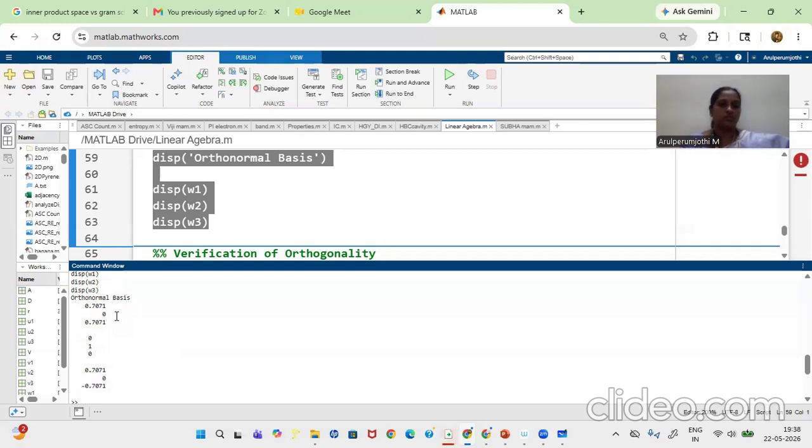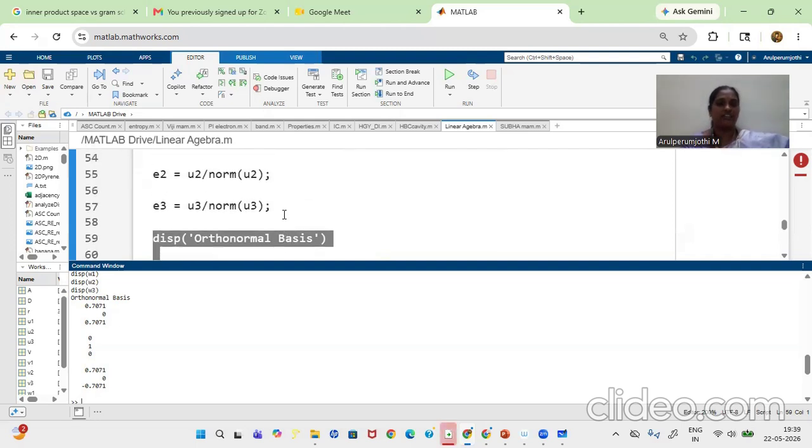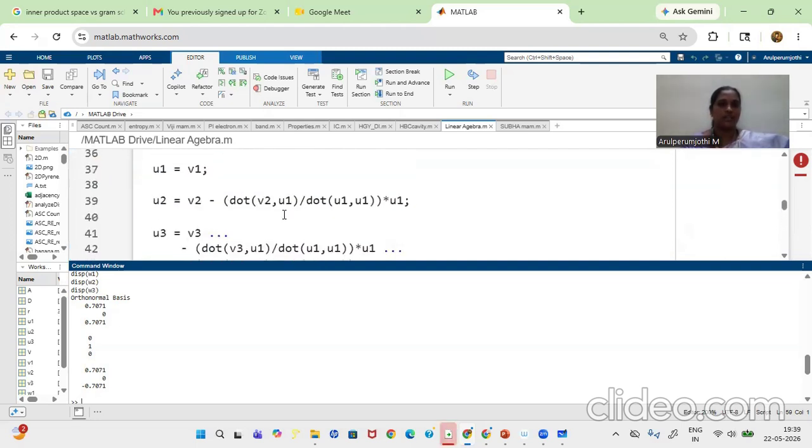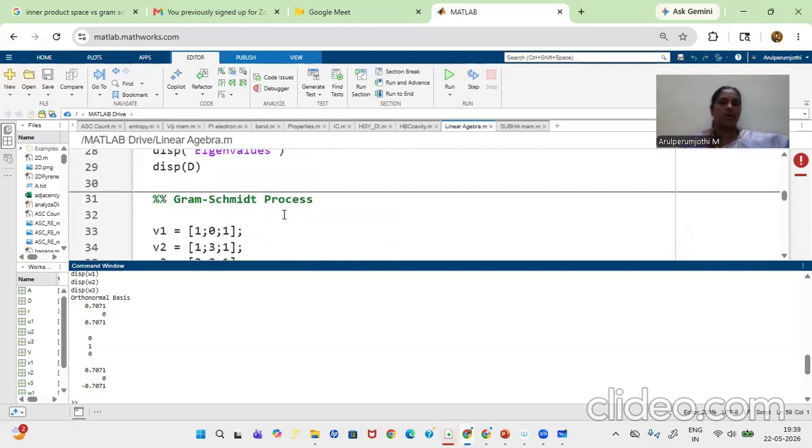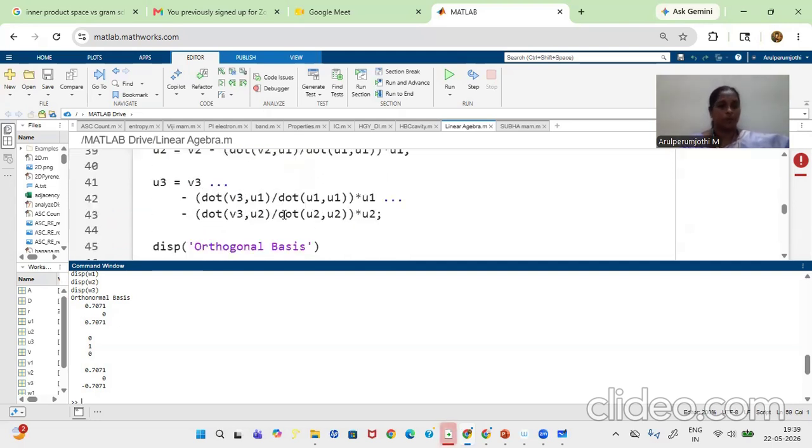Similarly, the second orthonormal vector is 0, 1, 0, and the last one is 0.7071, 0, minus 0.7071. So this is the easiest way to check whether your problem is correct or wrong using MATLAB. MATLAB is very user friendly for any kind of mathematical problem. So these are the basic codes to get the orthogonal basis and orthonormal basis using the Gram-Schmidt process.